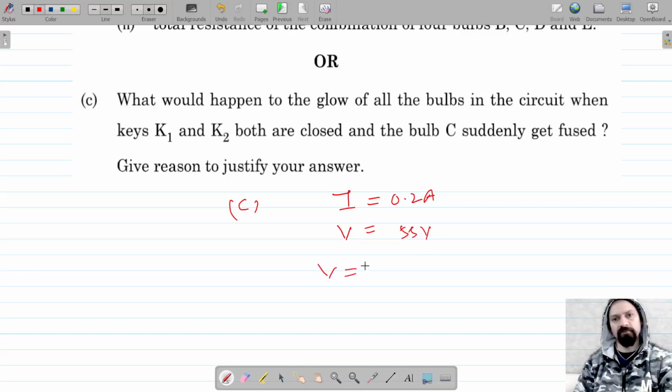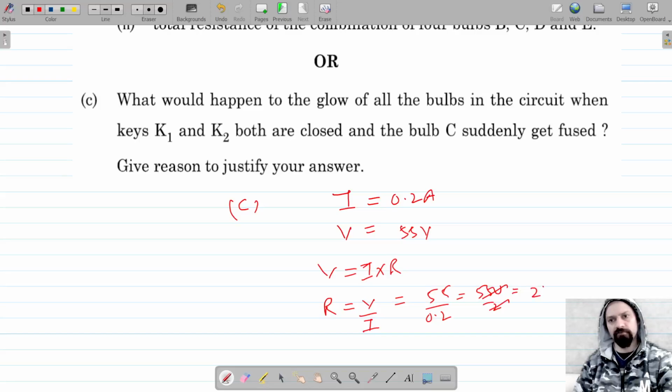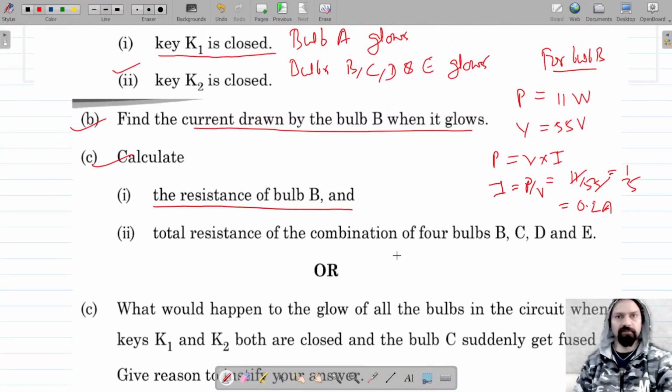And we know that V is equal to I into R. So R is equal to V upon I. So V is 55, I is 0.2, which gives me 550 by 2. This is 275. So 275 ohm is the resistance of bulb B.